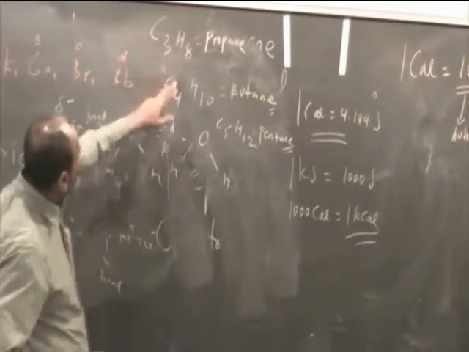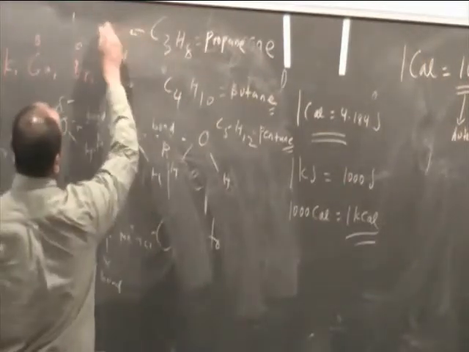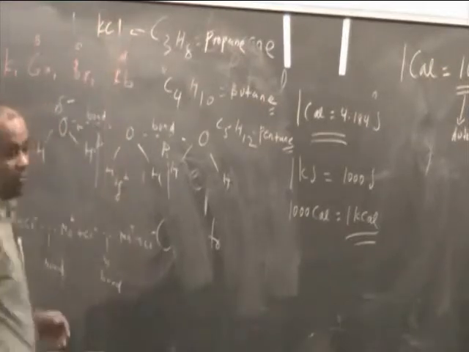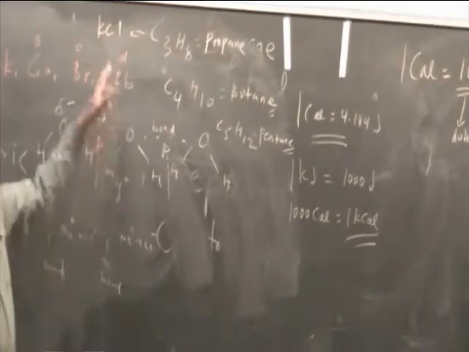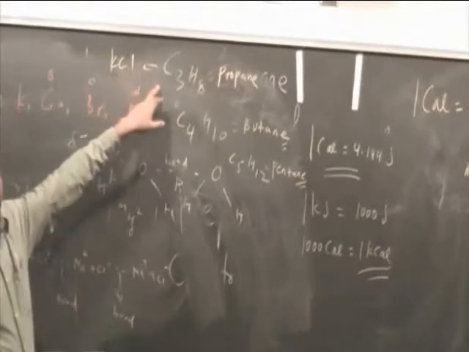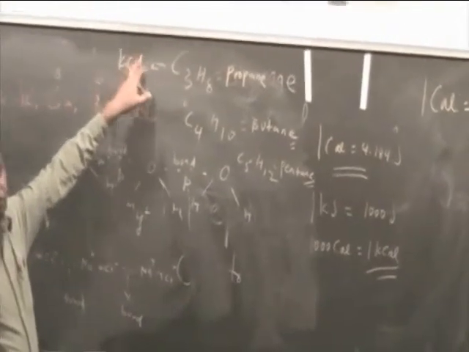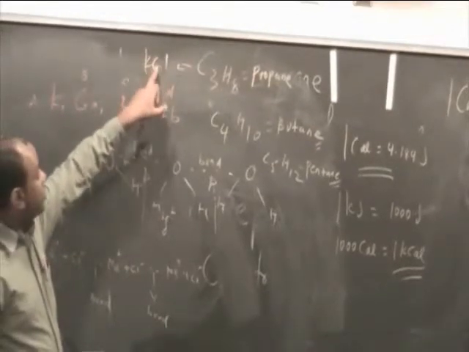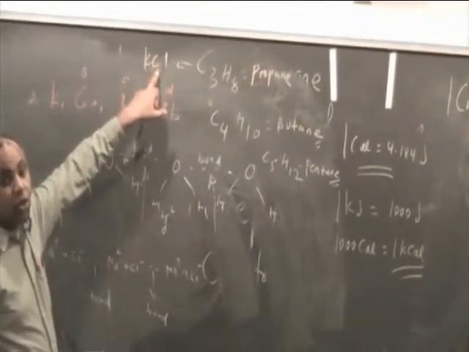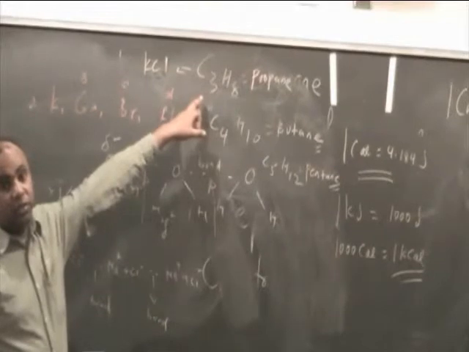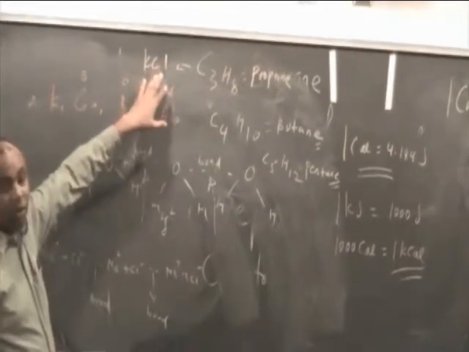Now, if I compare C3H8 with KCl, in terms of boiling point, melting point, and molecular attraction, KCl is much stronger than C3H8, because there's an ionic bond here.